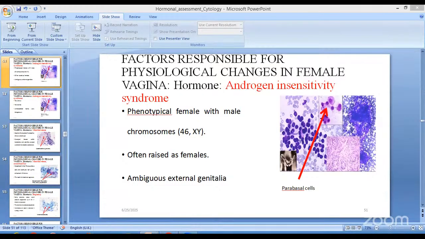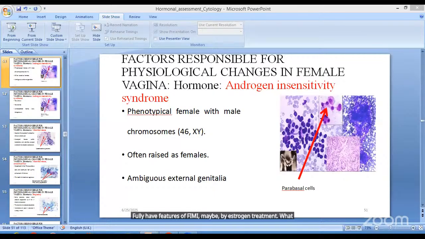If presented clinically, the undesired organ, maybe testicular organ, has to be removed surgically, and you can begin to treat the patient to fully have features of female, maybe by estrogen treatment.